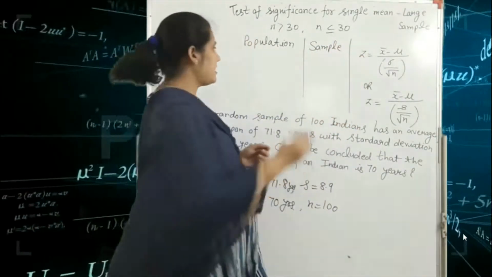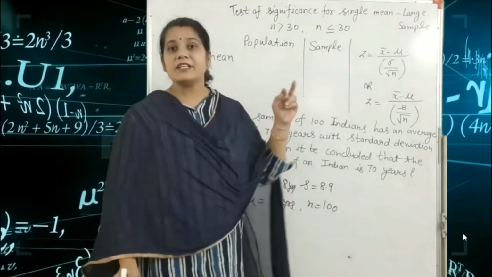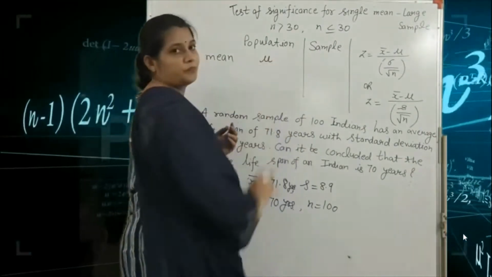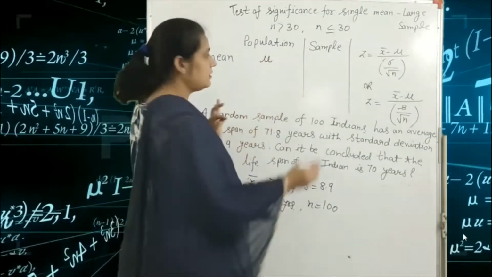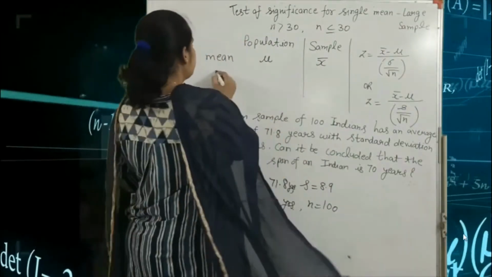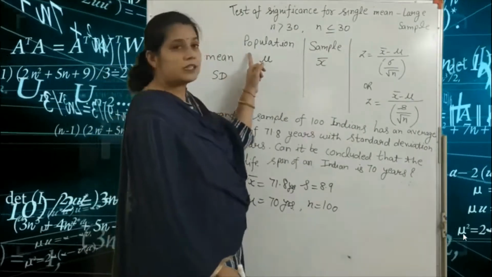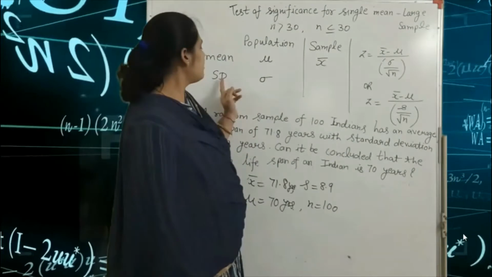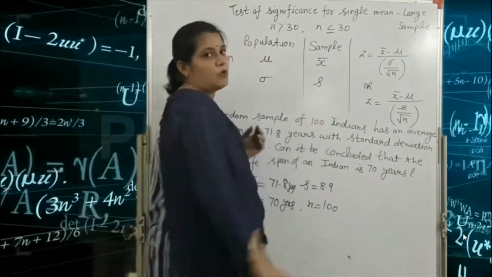If we are given the mean according to the population, we write mu. If the mean is according to the sample, we write x bar. The second one is the standard deviation. If the standard deviation is according to the population, we write sigma, and if it is given in the sample form, we write the small s.